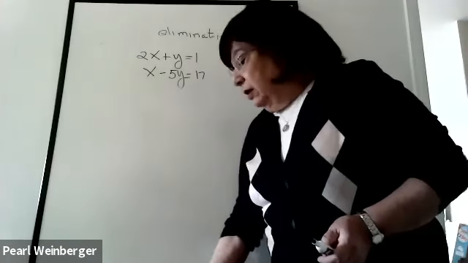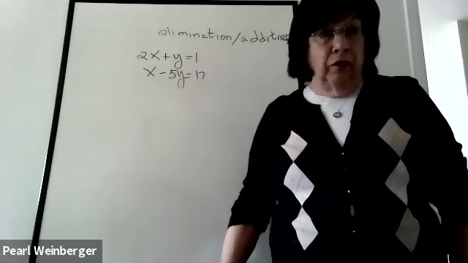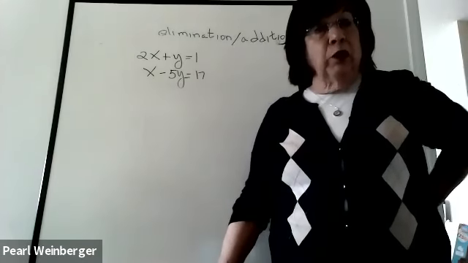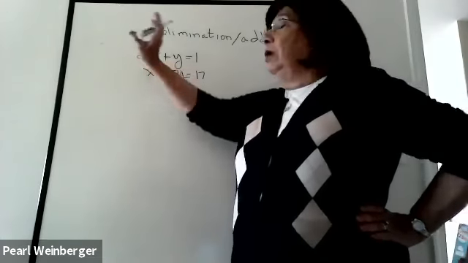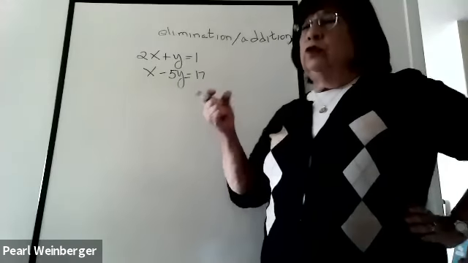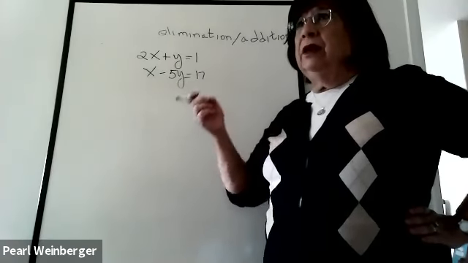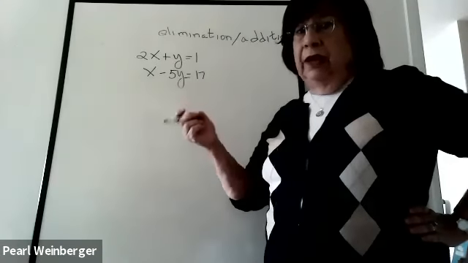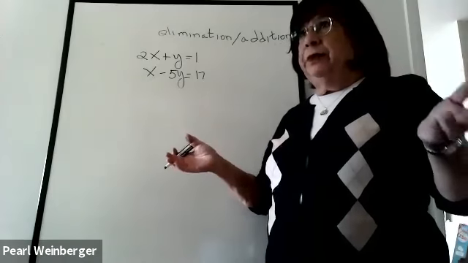Well, let's arbitrarily decide which variable we want to get rid of. Let's say we decide we want to get rid of the x's. We want to eliminate the x's. So what will eliminate the x's when we add the two equations? What makes a variable disappear?